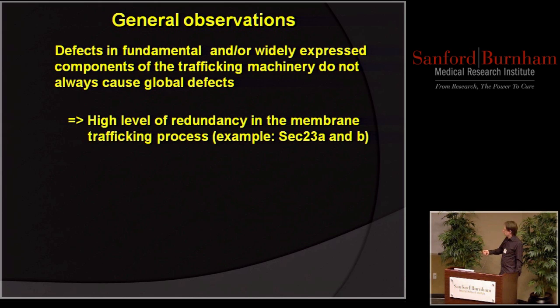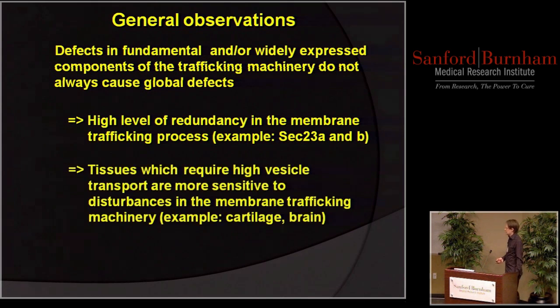Apparently, in all other tissues, except for the tissues of the skeleton, Sec23B is able to compensate for loss of Sec23A. Now, the reason this does not happen in the tissues of the skeleton, cartilage, and bone, is that tissues which require high vesicle transport are more sensitive to disruption, of course, of the membrane trafficking machinery.